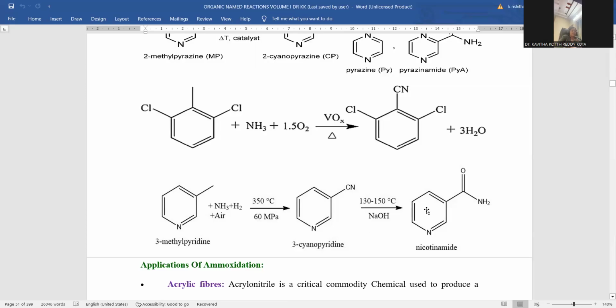Subsequent alkaline hydrolysis gives rise to an amide compound, so that nicotinamide is the expected product in alkaloid chemistry. This is the way a transformation you can accomplish by means of the ammoxidation procedure.